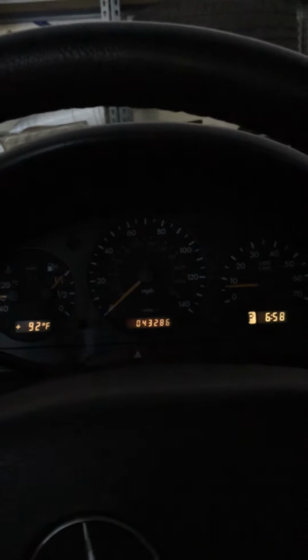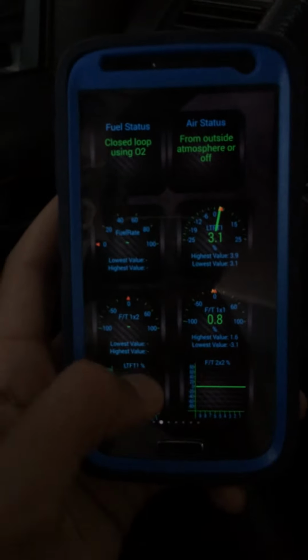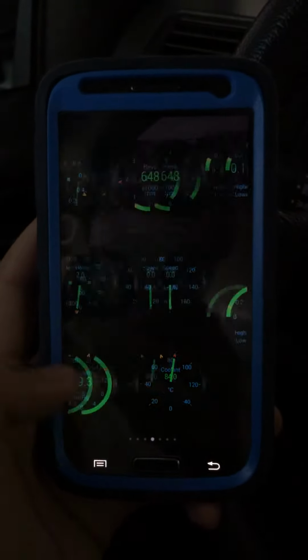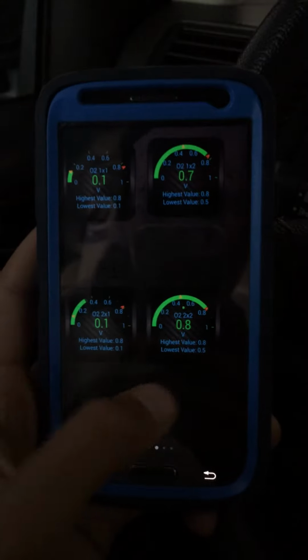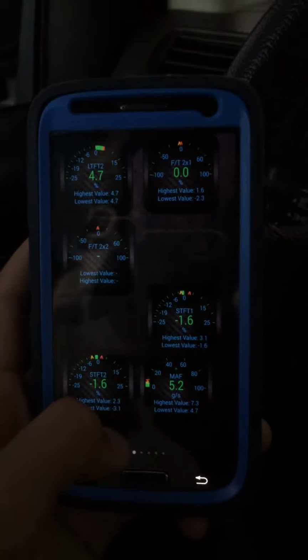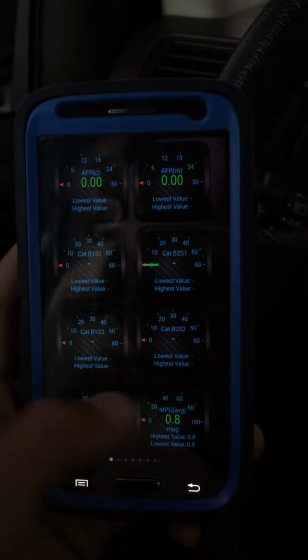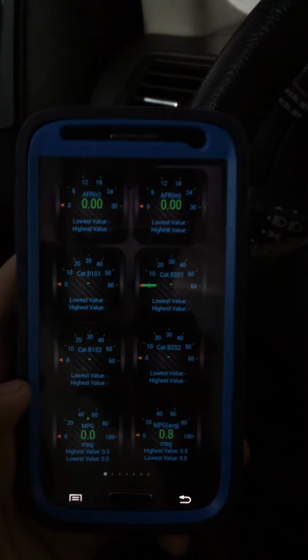So I'll just give you a last look at these pages. I'll cycle back through it. Okay, and that's with no throttle applied at all.